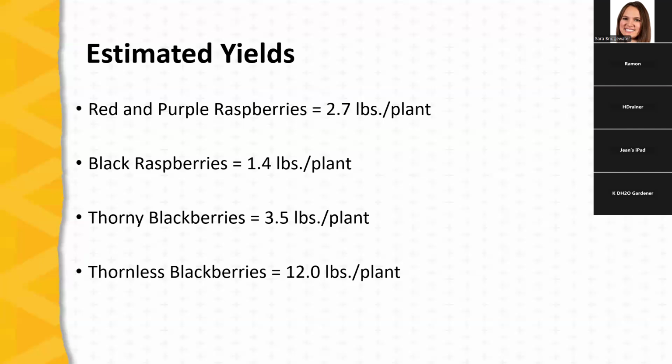If they've been fertilized and watered appropriately, you can get about this amount of food per plant, for different types of crops. You see the thornless blackberry has a much higher yield per plant, but that's because they're planted further apart. That's why the plant is larger and you can get a higher yield. But it's good to know how much you should expect from those plants.